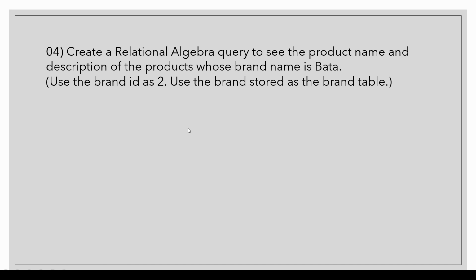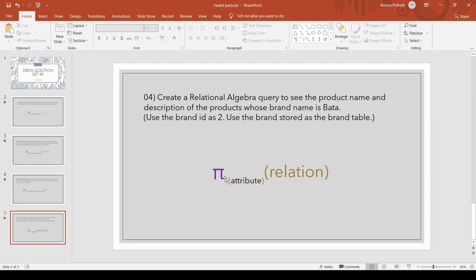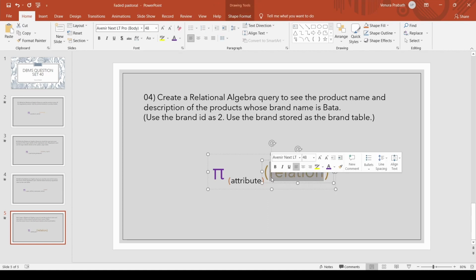So in this case you can see we have to use the projection method, and also we have to use the selection method we used in the previous video. Let's see how we are going to do that one. We have to use the projection part first. In the relation area, we are going to mention where the details are stored.